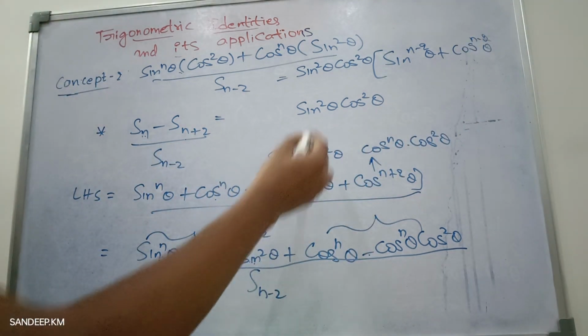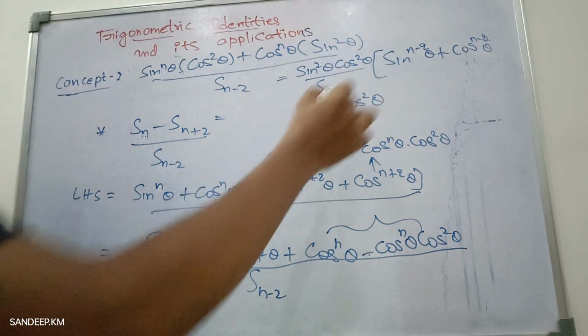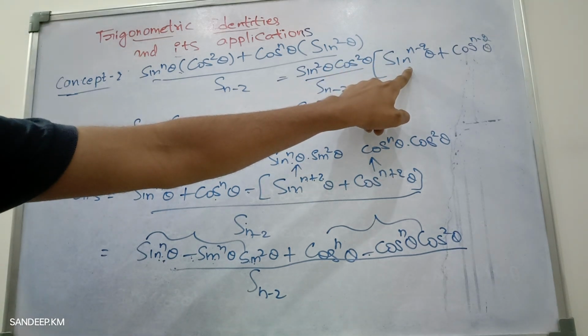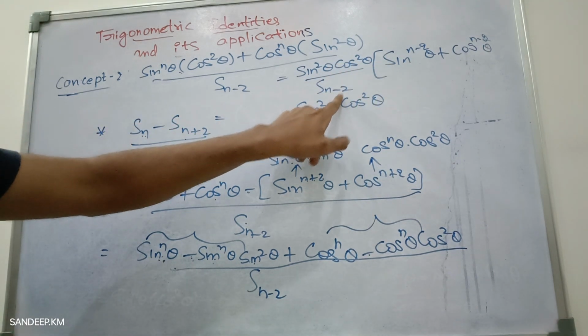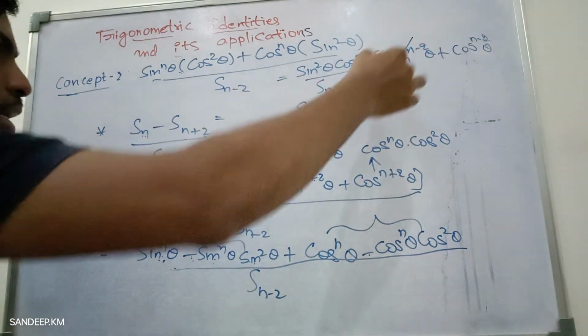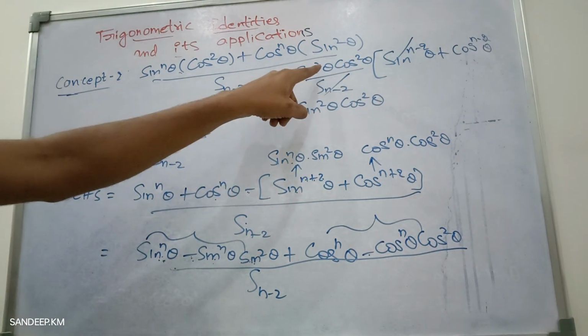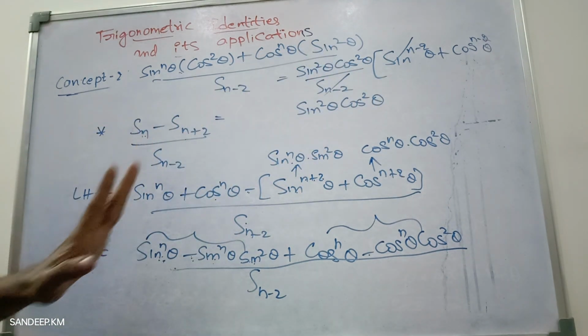And the denominator is Sn minus 2. So observe, this is Sn minus 2 and this is also Sn minus 2. Both are same only. They will get cancelled. Therefore, what do we get? We will get sine square theta cos square theta as the result.